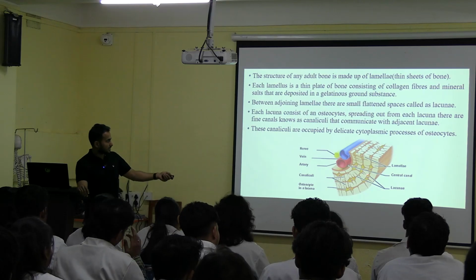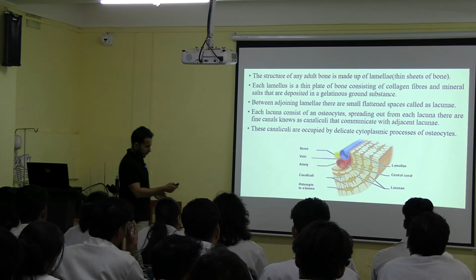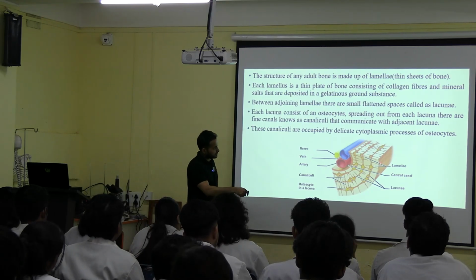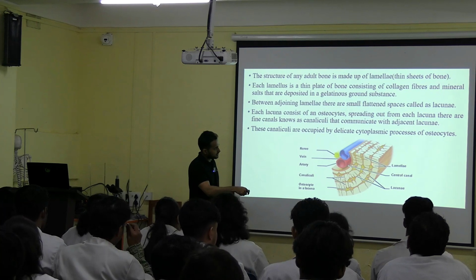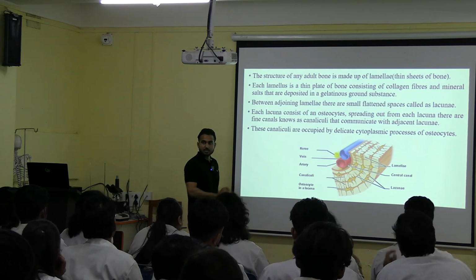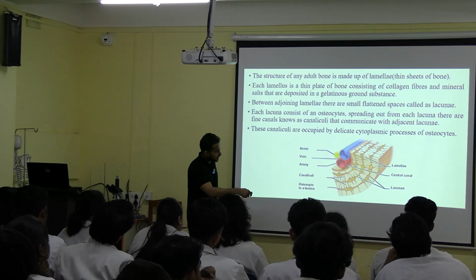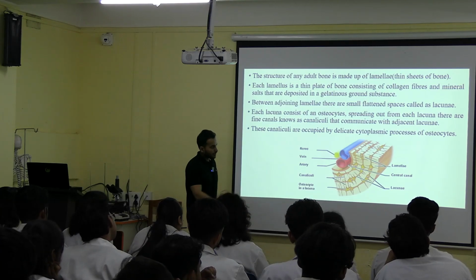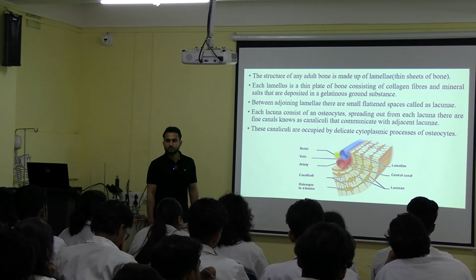As you can see in the diagram, this is one lamella, and this is another lamella. Can you see a space? This is the lacunae. Inside the lacunae, can you see the cell? This is the osteocyte.